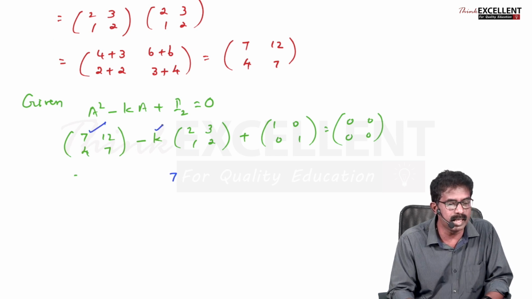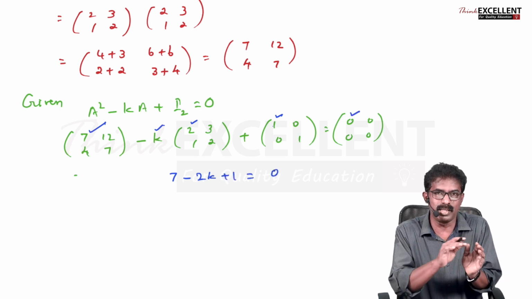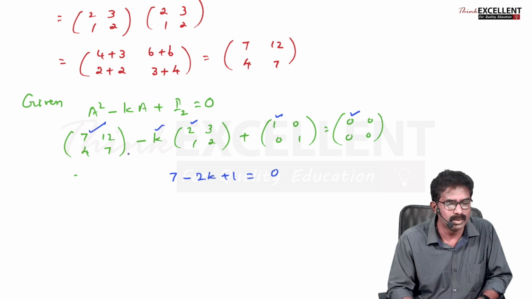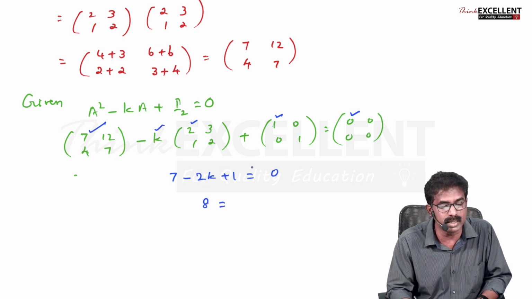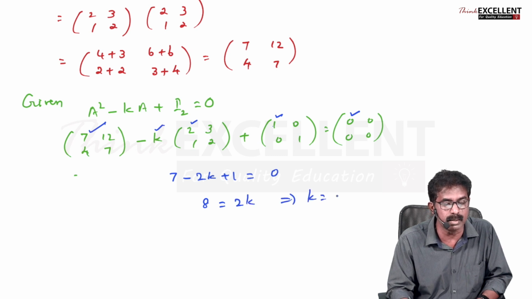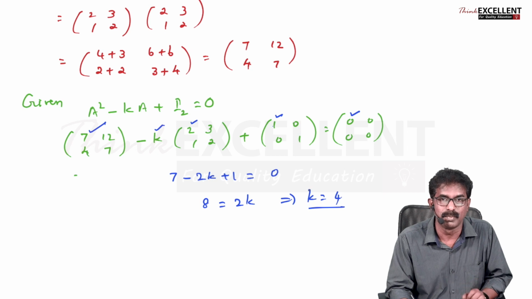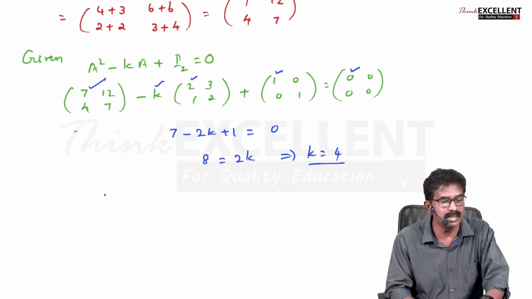Then minus k into 2, so minus 2k, plus 1, equal to, in the answer also you take the first number. I am taking only the first numbers. So what do you get? 7 plus 1, 8, equal to minus 2k. Take that side, plus 2k. So you are getting k equal to 8 by 2, which is 4.